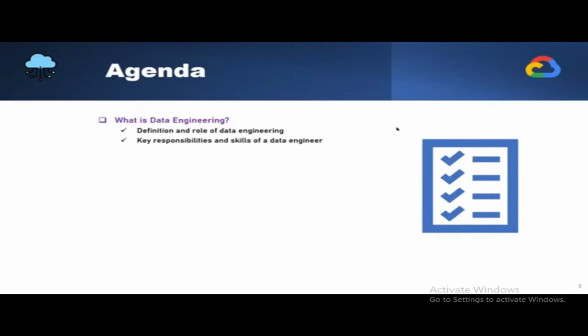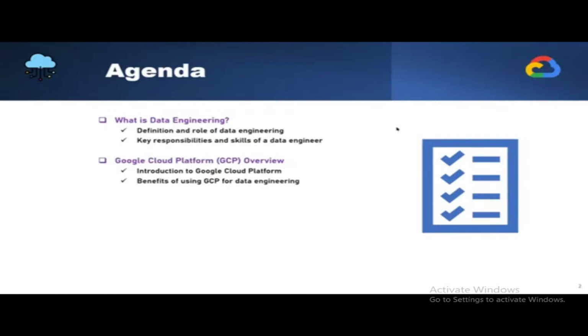What is data engineering? And why is data engineering so important for other roles? And what are the roles and responsibilities of a data engineer? Maybe in 10-15 minutes, we will try to understand what data engineering is. And after that, I will talk about what Google Cloud Platform is and how it is different from the other cloud platforms. All of those things we will try to see.